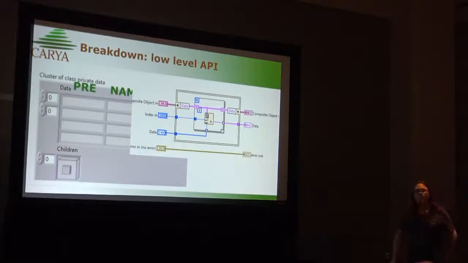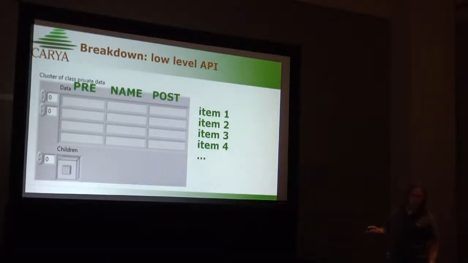Yeah? What does pre, name, and post mean? Okay, yeah. It's not very smart of me, but I think it's in a later slide. But pre will be the fluff that's before the name. So maybe spaces and a bracket, and other spaces.